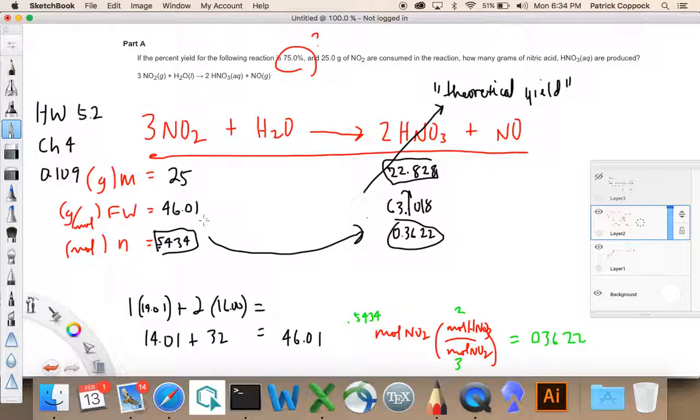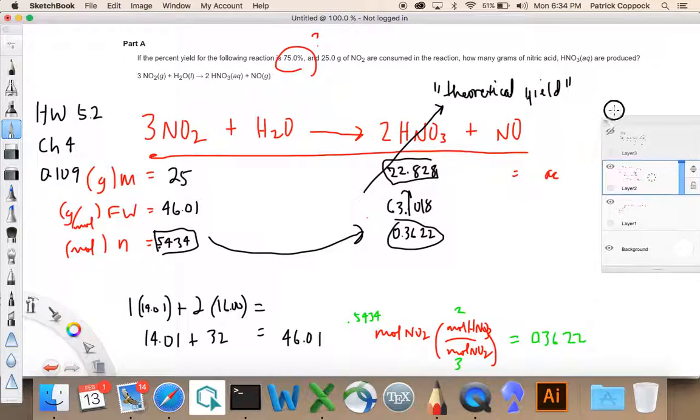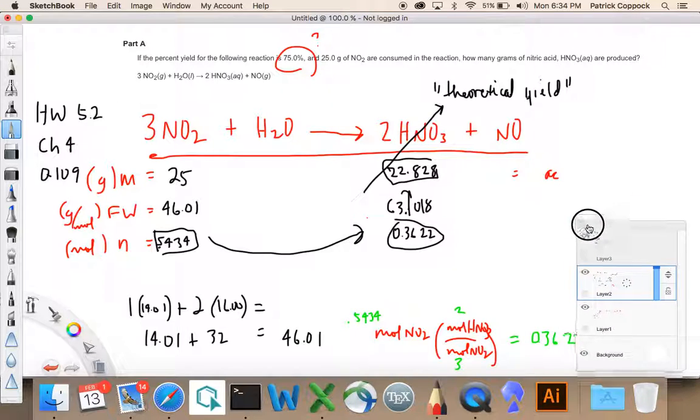Let's go back to red and say actual: 0.75 times 22.828, enter, and I get 17.12.